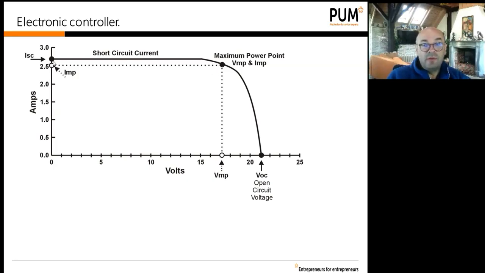The combination between the high currents, in this case 2.6, and also the amount of volts. This is what the electronics does. It regulates the amperes, it regulates the volts, and it takes care of the maximum power point. So the electronic controller is a very important device to have. So you also need a good one. That's what my colleagues are going to tell you about in later lessons.